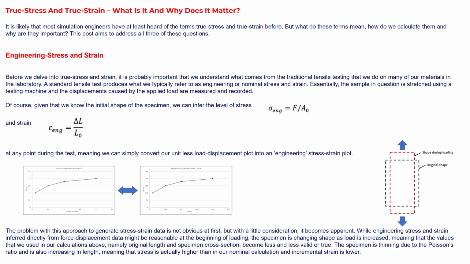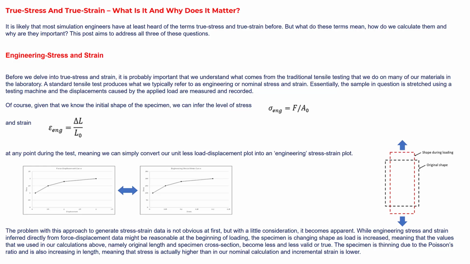To calculate engineering stress and engineering strain, we use the formulas: force divided by area for engineering stress, and for engineering strain, change in length to the original length. At any point during this test, we simply converted the load versus displacement plot into the engineering stress strain curve, right? You can see the diagram there.